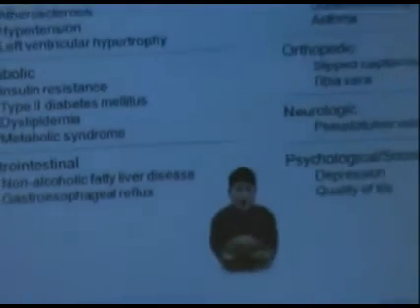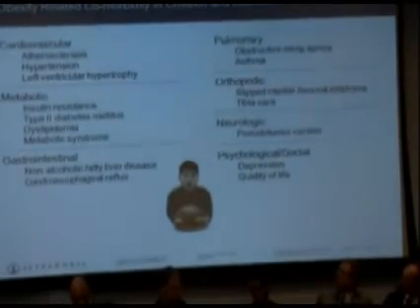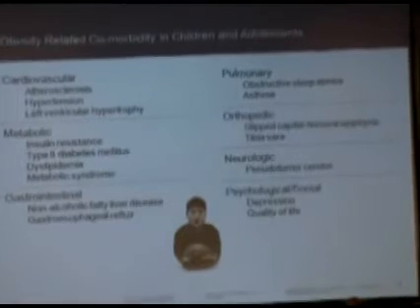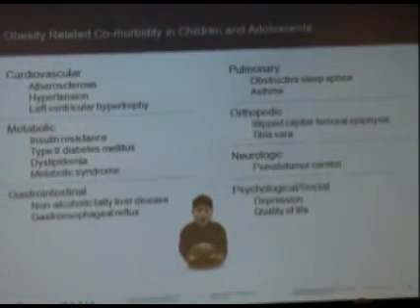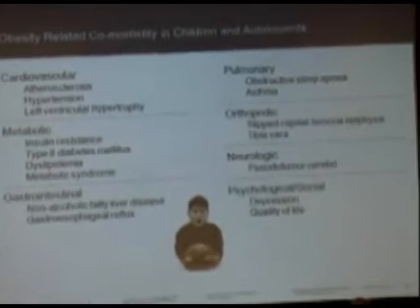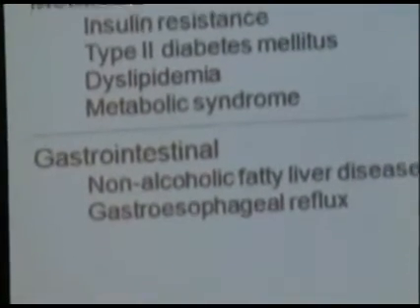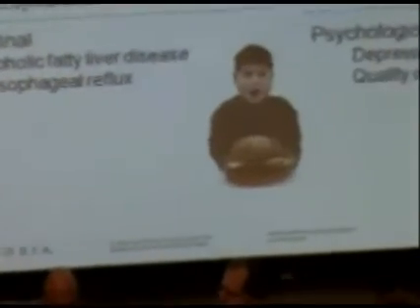So you can see from the cardiovascular standpoint, it's a risk factor for hypertension and atherosclerosis and ultimately cardiovascular mortality. From a metabolic standpoint, it affects insulin resistance and ultimately type 2 diabetes. It's a risk factor for dyslipidemia and what's called the metabolic syndrome, which is a clustering of risk factors now associated with increased risk for cardiovascular disease.